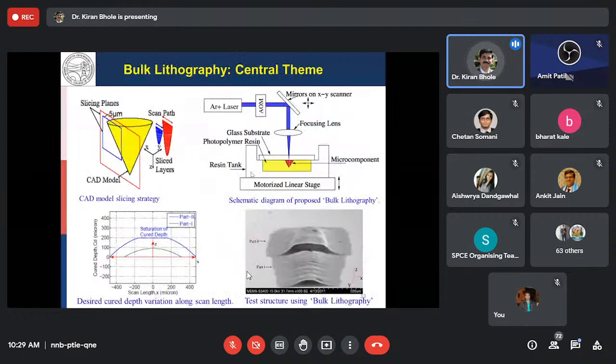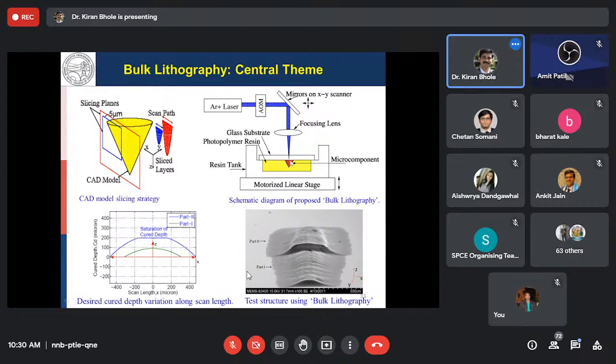In bulk lithography, we are having laser light, acoustic optical modulator, mirrors, and focusing lens, the same, but then there is no free surface liquid level here. Rather, we are having a transparent substrate, and the transparent substrate is kept on top of the liquid resin. The focus spot is focused at the interface between the transparent substrate and the liquid.